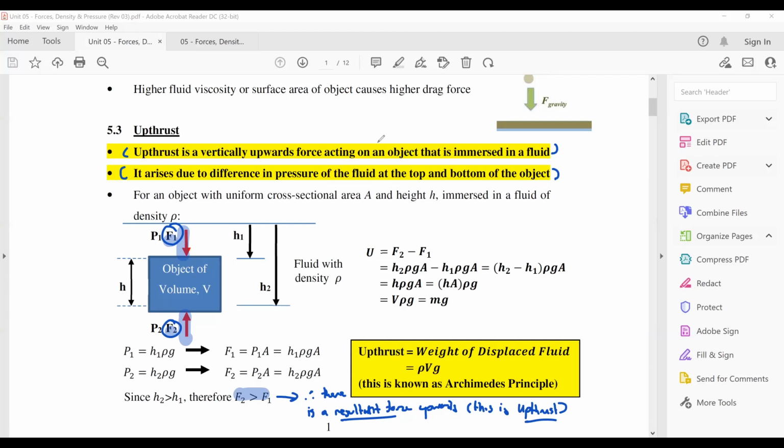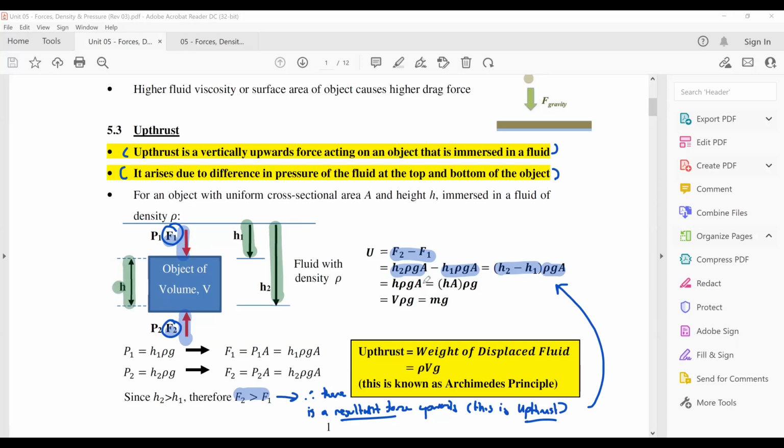If you want to find that resultant upward force, you will just take F2 minus F1. Since you already know the expression for F2 and F1, you get H2 rho g A minus H1 rho g A. Factorize rho g A, you get H2 minus H1 times rho g A. Now H2 minus H1, you notice, is going to be this. If this is H1 and this is H2, H will just be this.